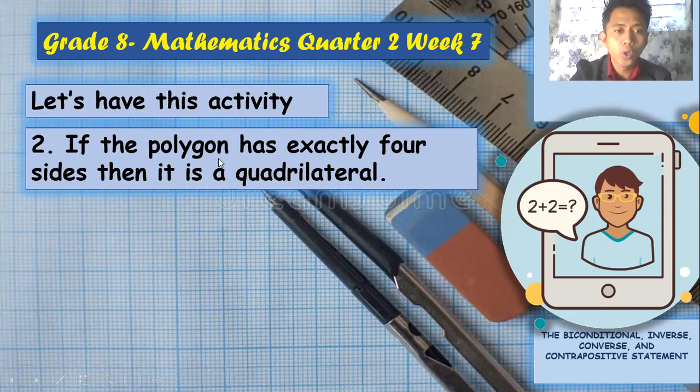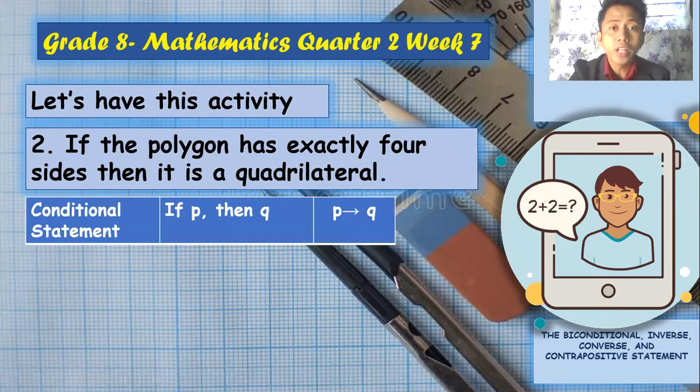Therefore, we can conclude that this is a conditional statement, wherein the "if" part is the hypothesis and the "then" part is the conclusion. By identifying that it is a conditional statement, we can now easily identify what our P and Q are.